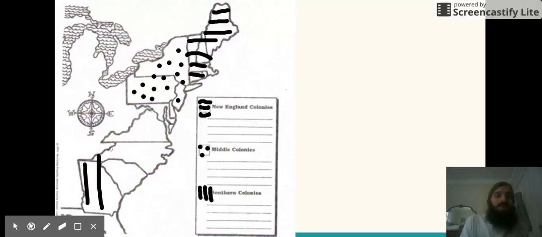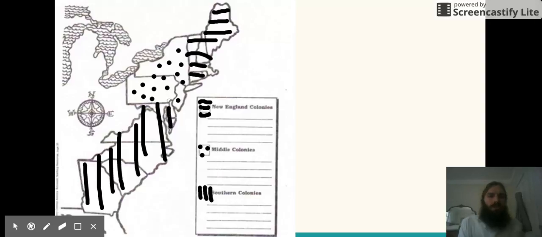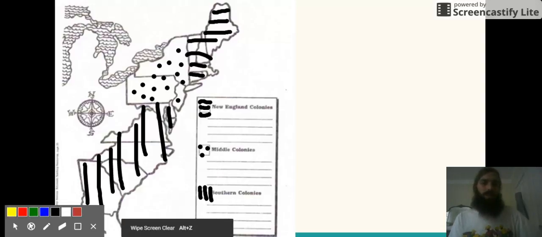Now your map not only shows you who settled in the southern colonies, New England colonies, and middle colonies, but it also shows you where each of these regions are located. New England colonies in the north, middle colonies in the middle, and southern colonies in the south. Perfect. That's a fine looking map, y'all.